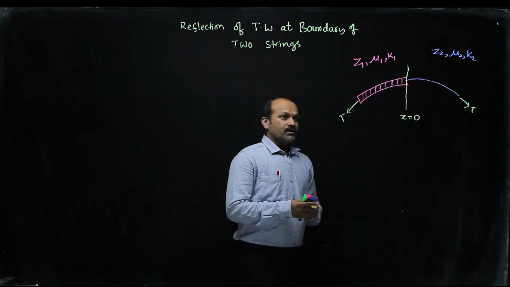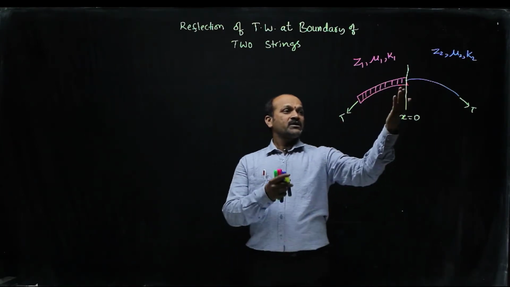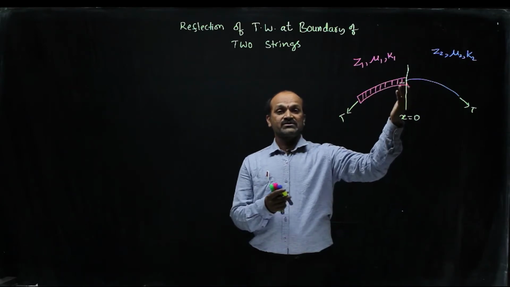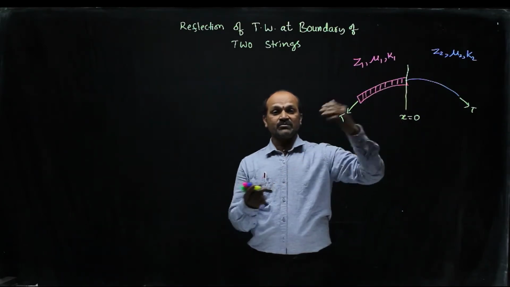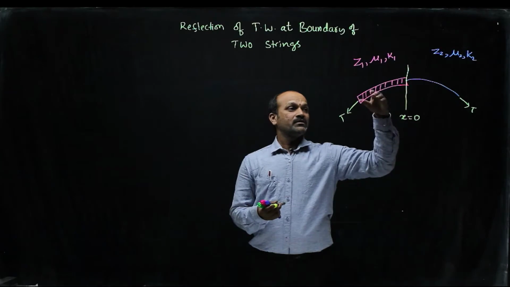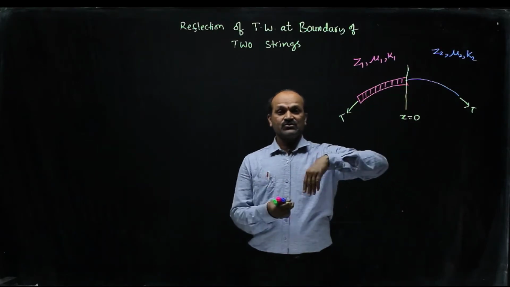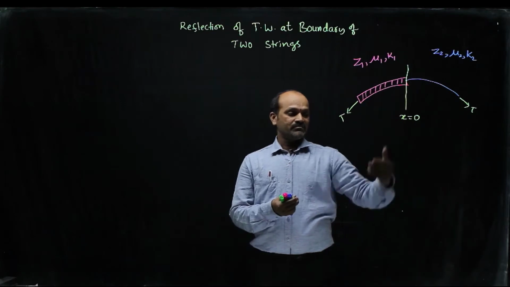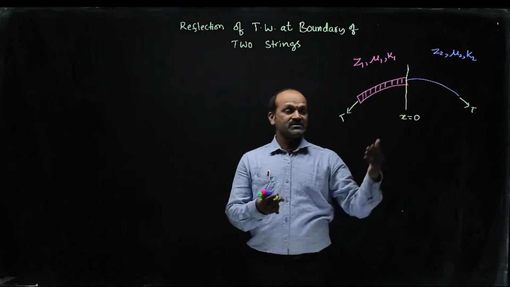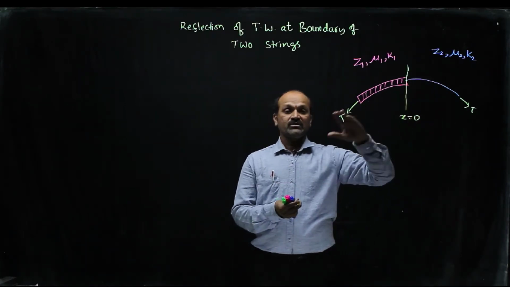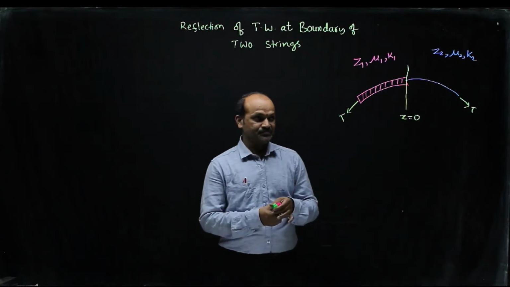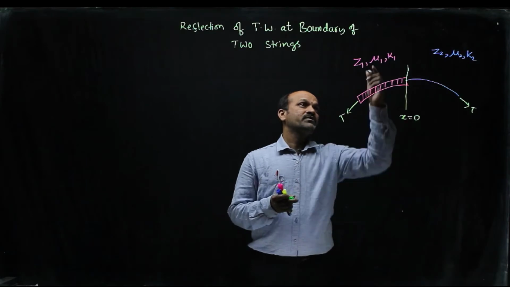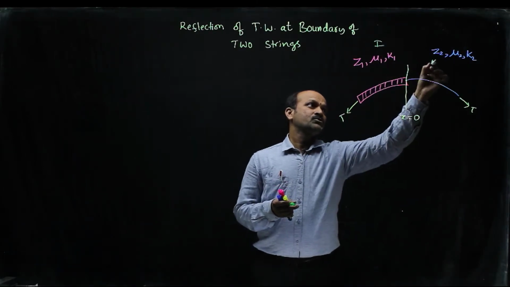How much is reflected, whether the incident wave reflects completely, and how the phase changes, all these things we can say based on two equations. Let us see, this is region 1, this is region 2.